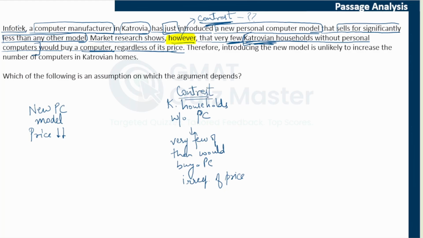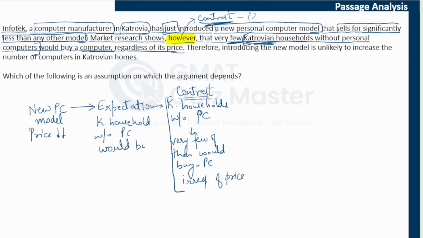So, why is it a contrast? If this is a contrast, it means that this information is not meeting some expectation, right? There was an expectation, when this new model was launched, that these households that do not have a PC would buy this new PC.